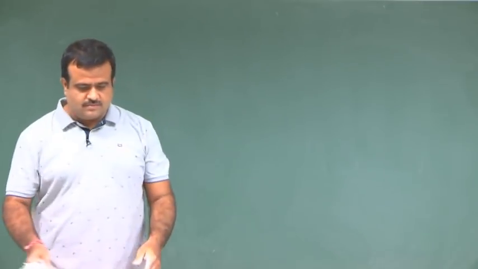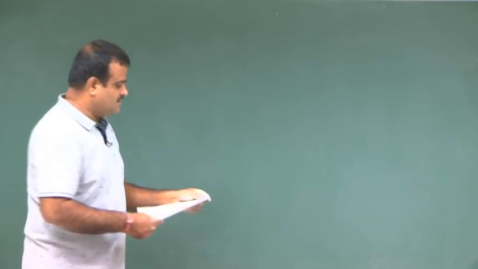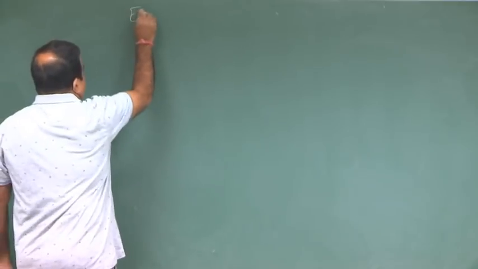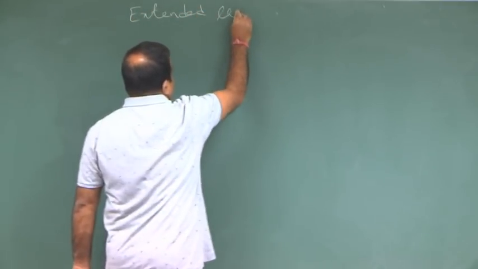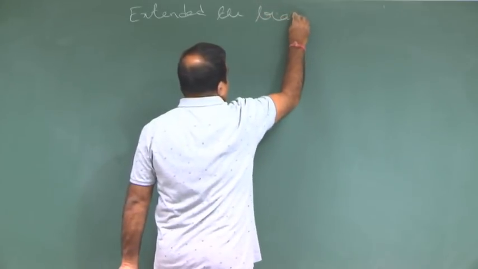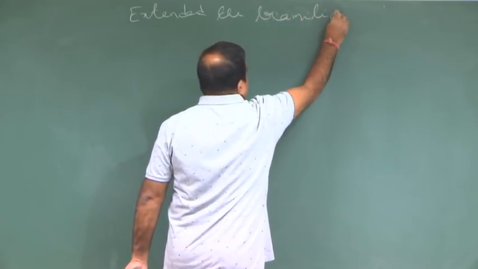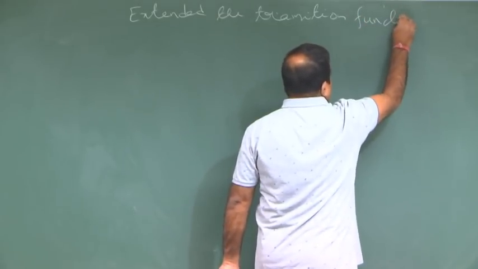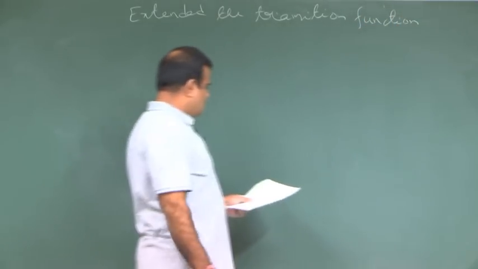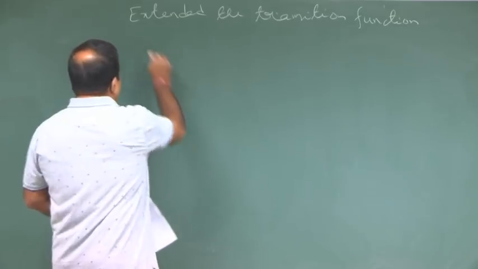Okay. So, this is basically the extended transition function, extended over a string.